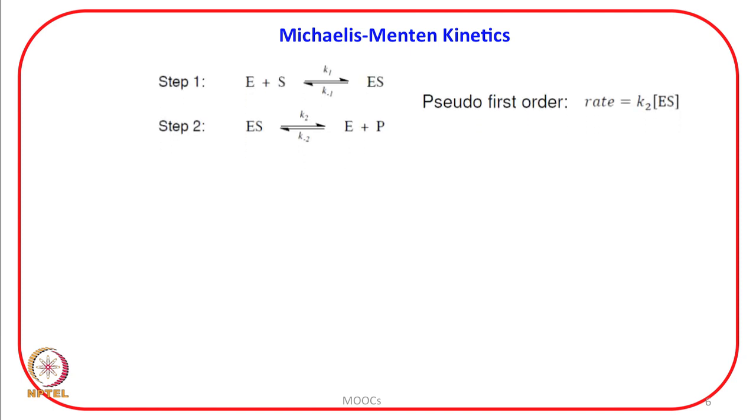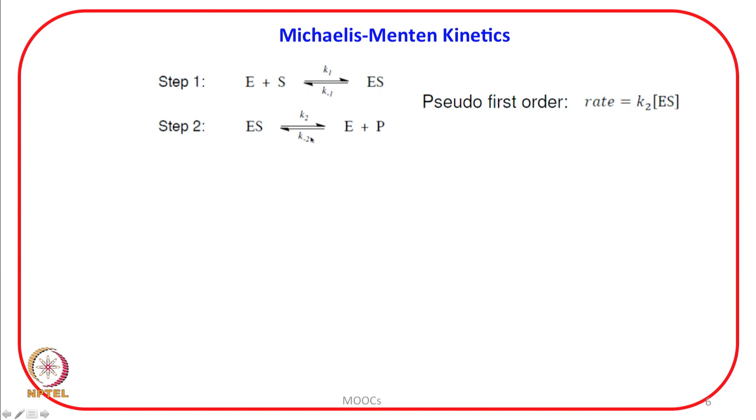In Michaelis-Menten kinetics, the reaction between enzyme and substrate is described by these two steps, where step 1 is enzyme plus substrate is forming enzyme substrate complex, where the rate constants are K1 and K minus 1, and step 2 is enzyme substrate then decomposes into enzyme plus formation of products, rate constants are K2 and K minus 2.